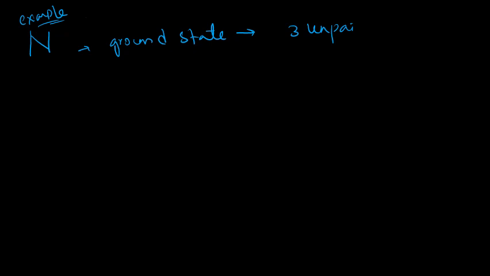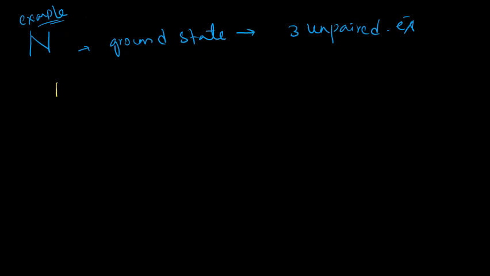For example, take nitrogen. Its ground state has 3 unpaired electrons. What will be its total spin?